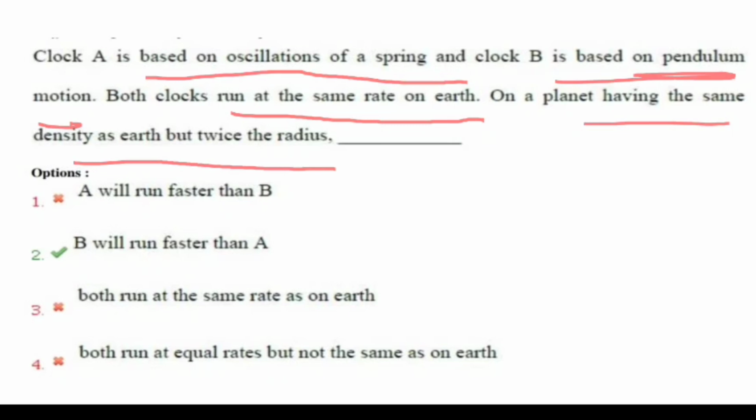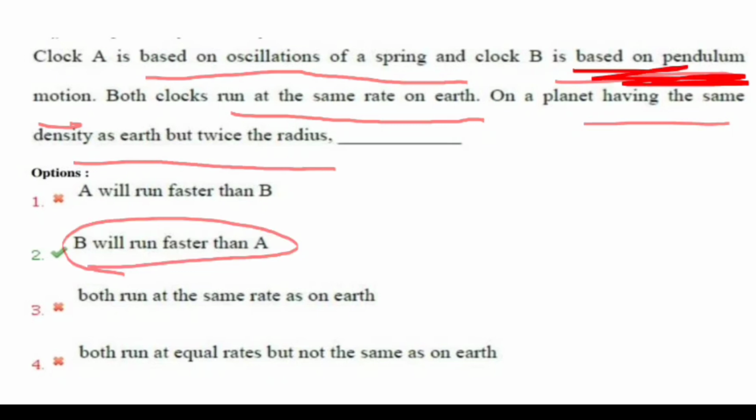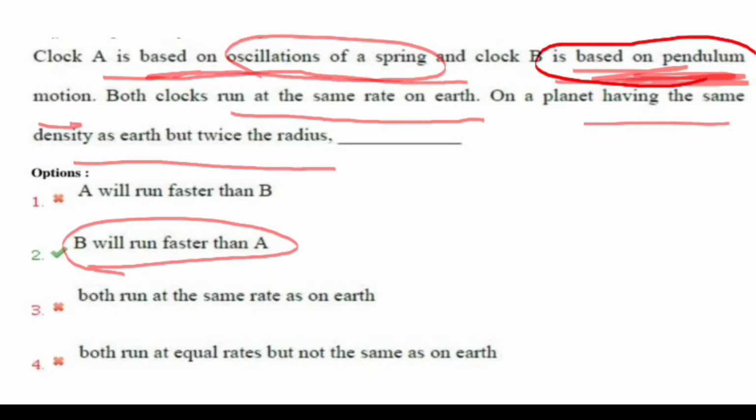So B will run faster than A, which means the pendulum clock runs faster than the spring clock. Option B is correct.